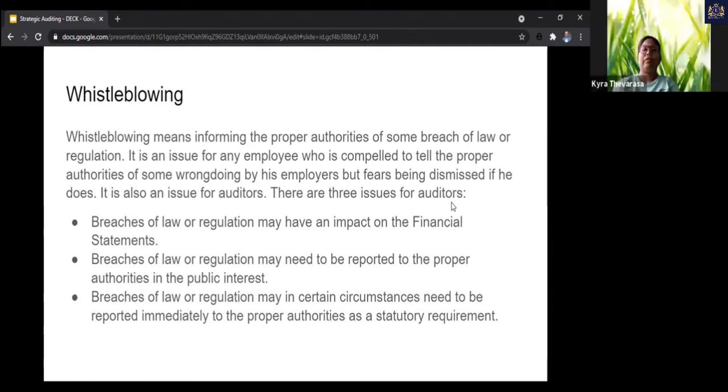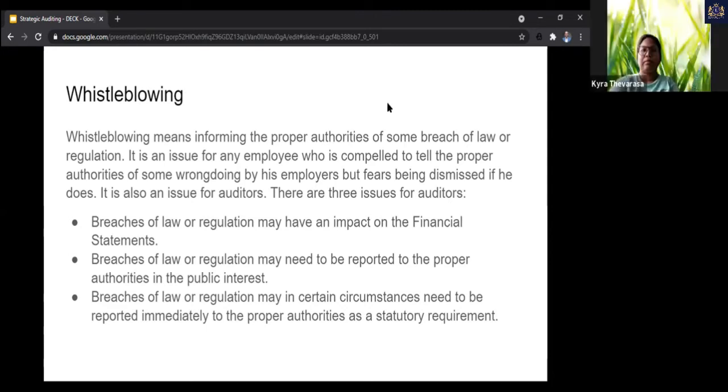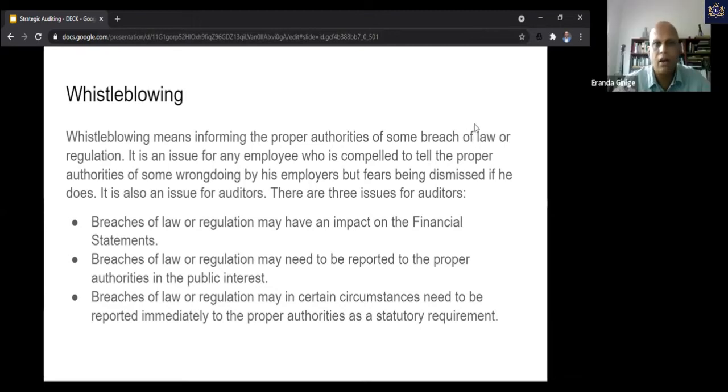Now, there is some guidance in the standards, Kira, on how to go about it. For example, the first thing is to inform the client that there is something like this happening, and that the right thing for the auditor to do is to inform the right authorities, but with the permission of the client.